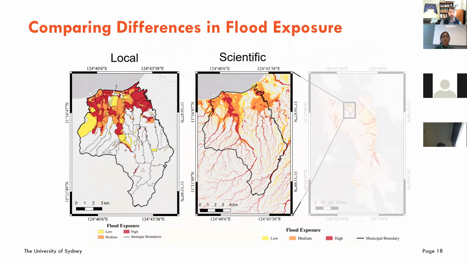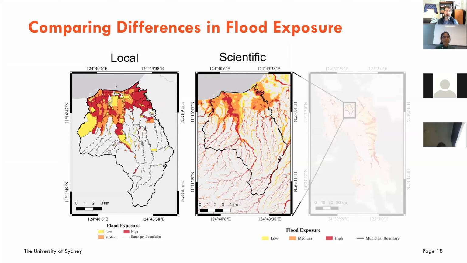Then you can see the more probabilistic model. This is a 100-year flood map, in other words a 1% chance in any given year that this particular flood would happen. You can see these are quite different. What communities thought of it, you can see there's a lot of communities along the coastal areas where it's significantly higher than what we're seeing for these probabilistic models. So why is that the case?